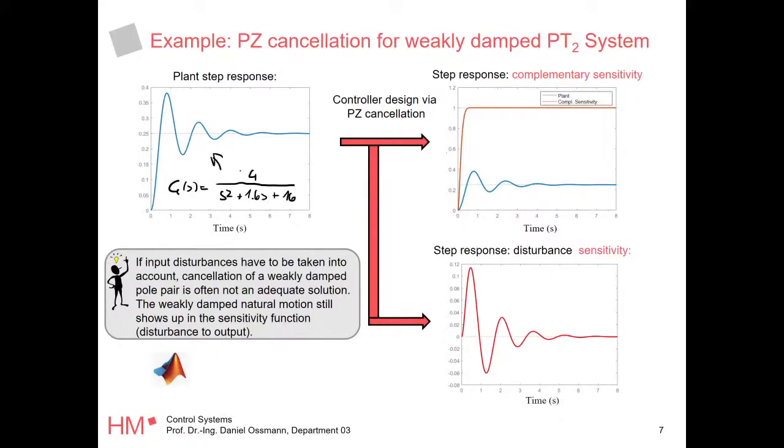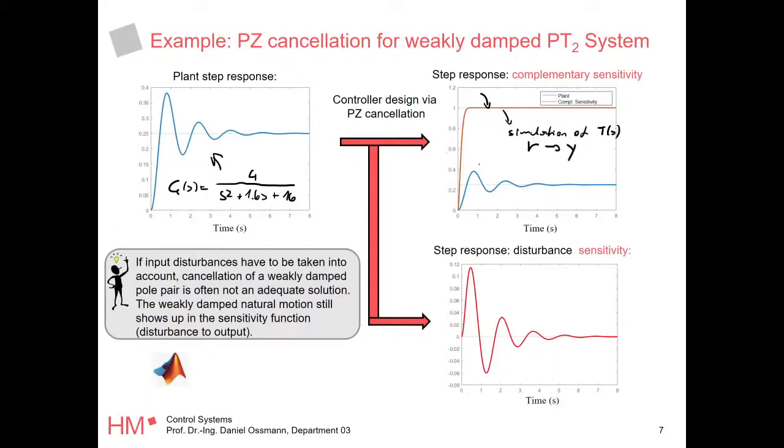This is how the step response for that system looks. If you do the control design via canceling the poles, this is your new answer, right? And this is basically the simulation of T of S, so reference signal to your output.